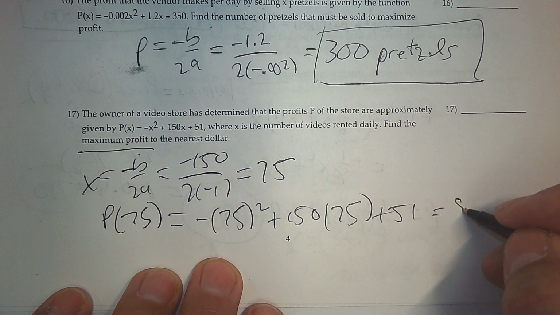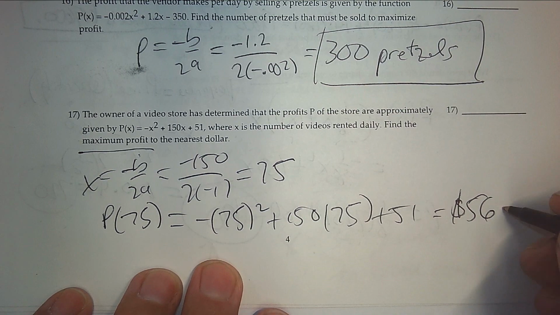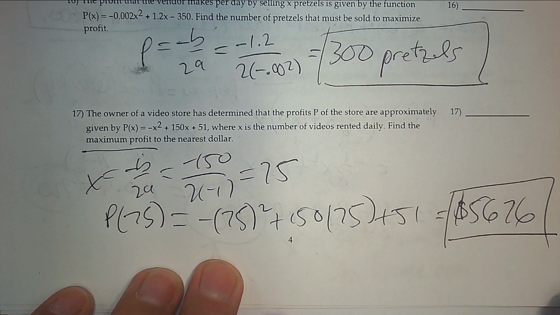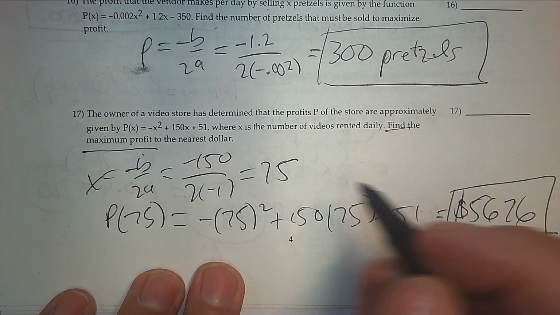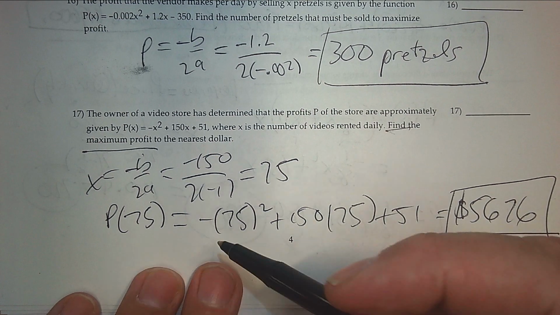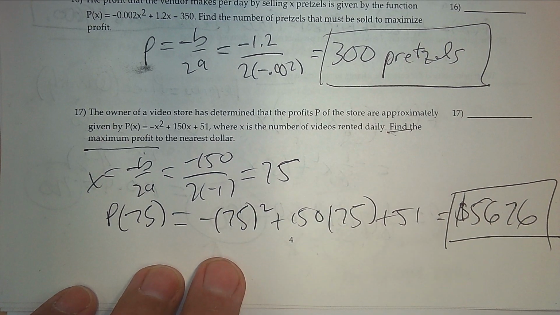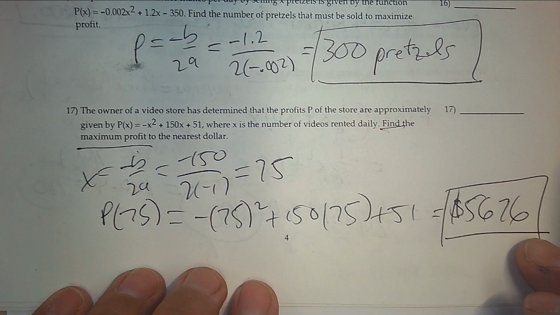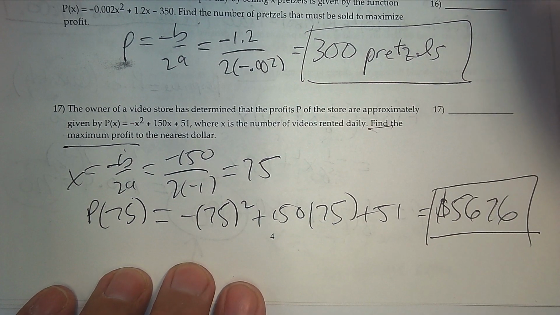And I get $5,676. So be a good reader, know what the question is asking, so you know what to plug back in. Notice all of these that deal with maximum and minimum start with negative b over 2a once you have the quadratic equation. All right, last one we're doing together.